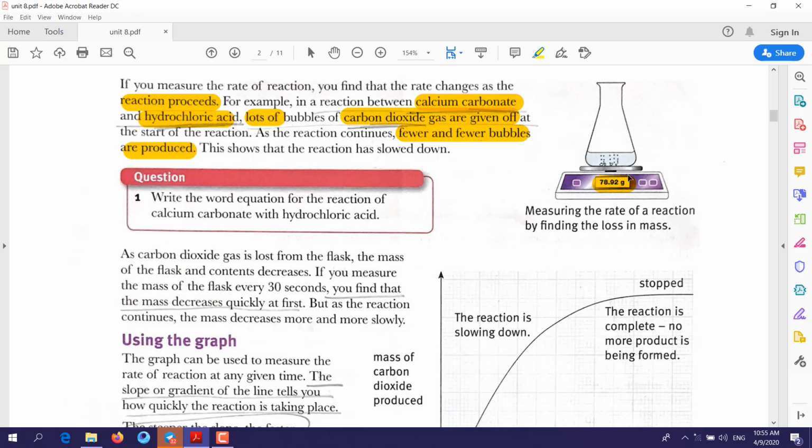These bubbles are carbon dioxide. When this carbon dioxide goes up, it will go out of the container, this beaker. If the chemical reaction continues, you will see the total mass of these substances start decreasing. Why does it start decreasing? Because one of the substances, carbon dioxide, is going outside.